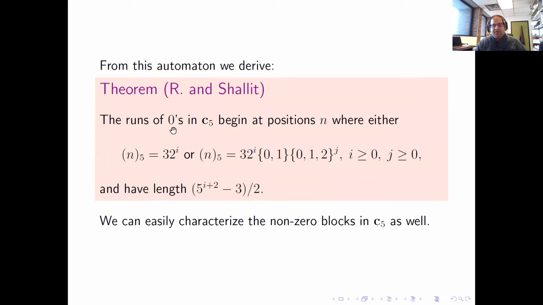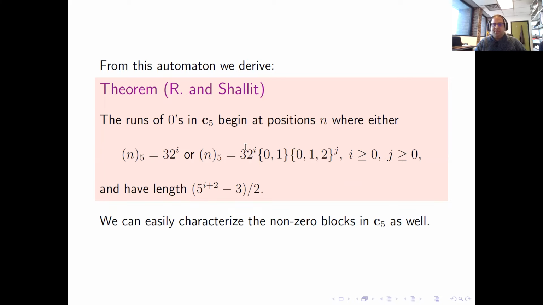The runs of zeros in the sequence C5 of Catalan numbers modulo 5 begin at positions n that have this base 5 expansion: 3 followed by a bunch of 2s, and then something else. And the lengths of those runs are of this form, (5^(i+2) - 3)/2.